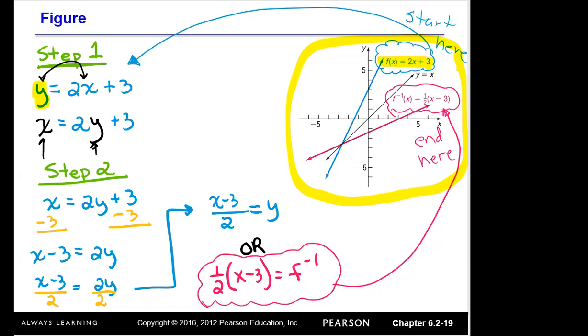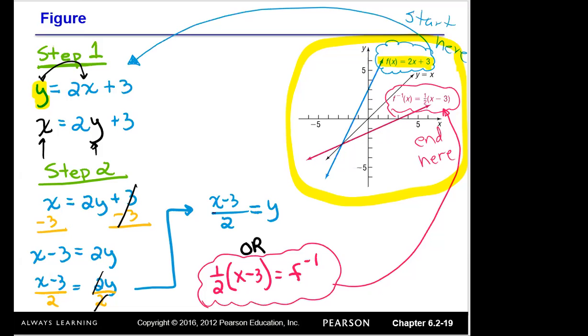So I took the x equals 2y plus 3. In yellow there, I subtracted 3 from both sides. It canceled out over here. And then I got x minus 3 equals 2y. Then in yellow, I divided both sides by 2. So that would cancel. And then I got x minus 3 over 2 equals y.